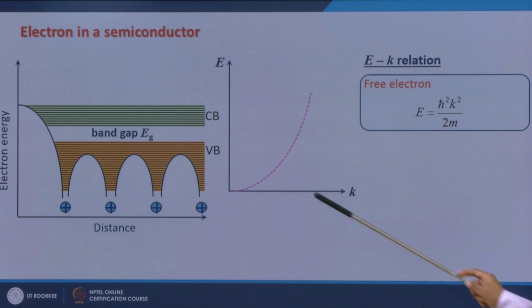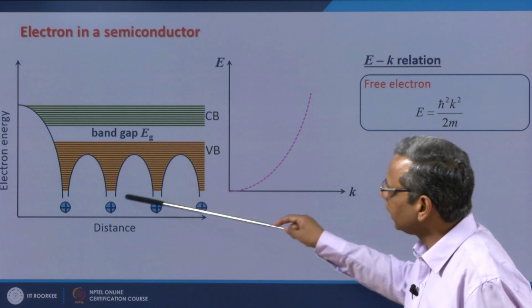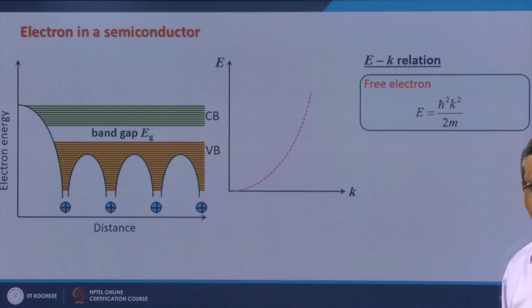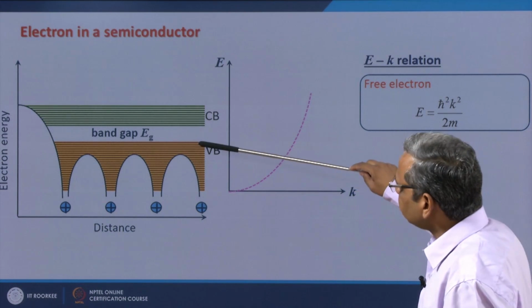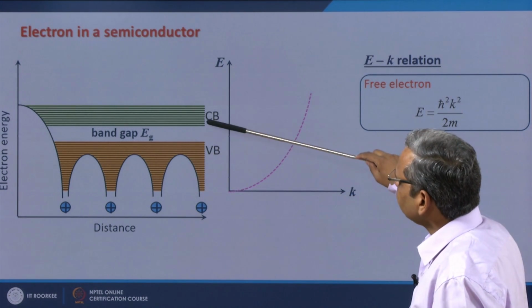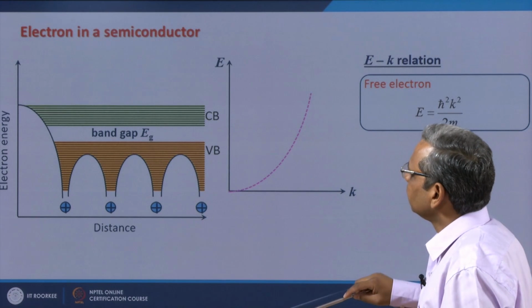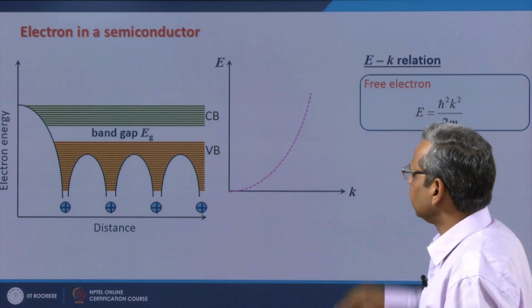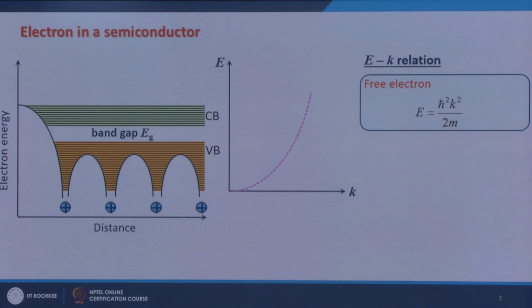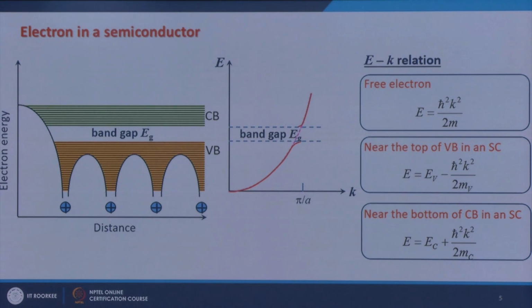So, electron can occupy any energy. However, if the electron is subjected to this kind of potential energy, then it can occupy energies here, it can occupy energies here, but it cannot occupy energies here. Then this EK diagram changes.